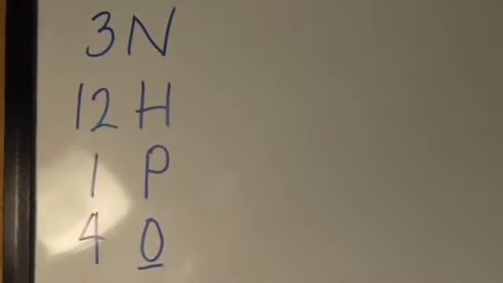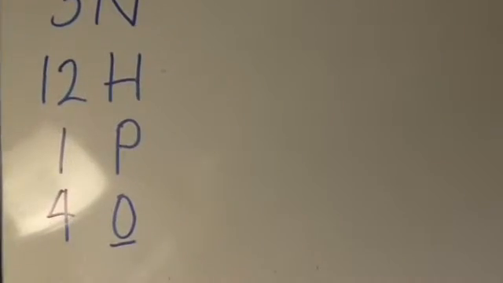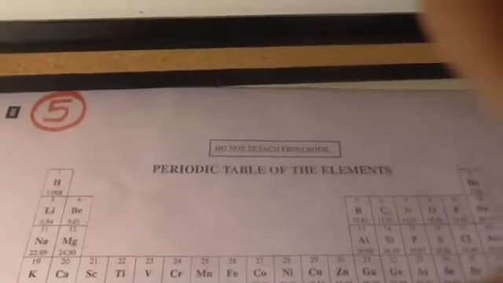Now, by the time you do this a bunch of times, you're going to start to memorize some of these numbers. But in the meantime, make sure that you always look them up to make sure that you know exactly what they are. So in terms of the N on the periodic table, the N number is 14.01. We already did the H number in the last problem, but it's 1.008.